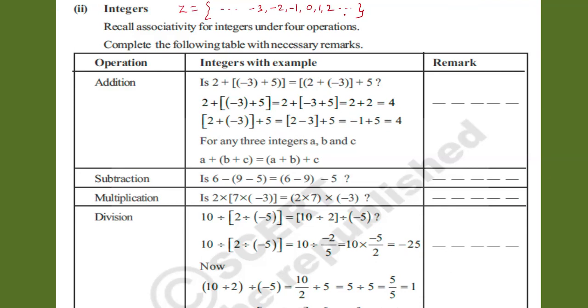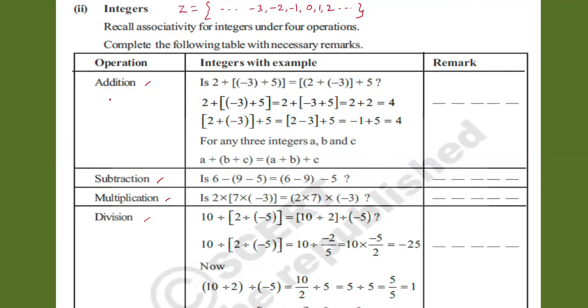Here you take any 3 integers and check the associative property in four fundamental operations. Those are addition, subtraction, multiplication, and division. As usually, what we did in the previous whole numbers.